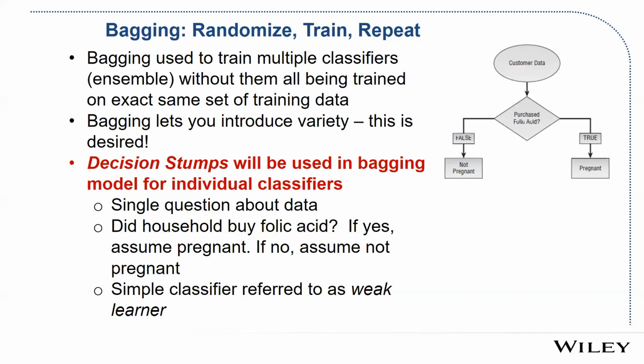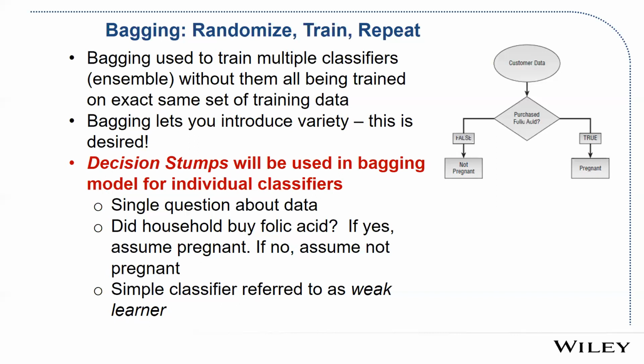We're going to call each one of these a decision stump, and we're going to say, just by buying this, are they pregnant or not pregnant, and then we're going to have an impurity based on that. We'll get a whole bunch of these together and look at, usually, the square root of the number of features, and then 2/3 of the data, at least for bagging.